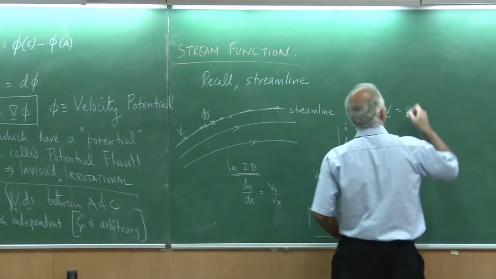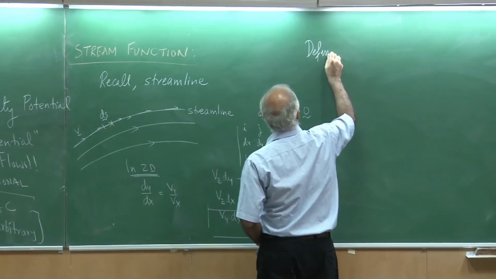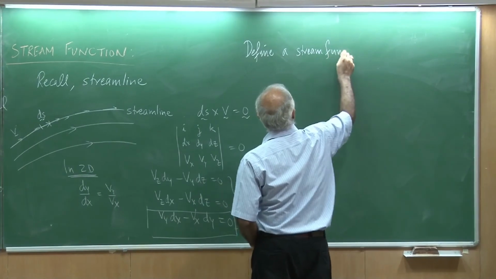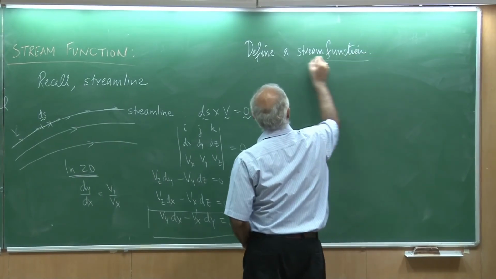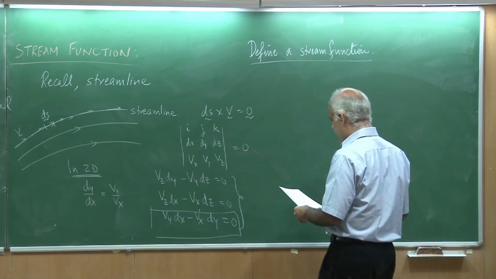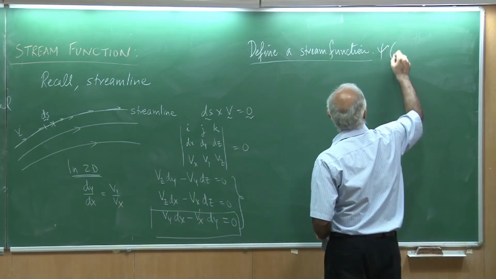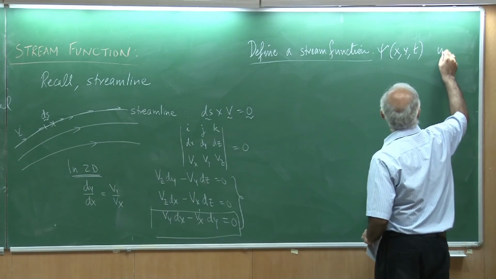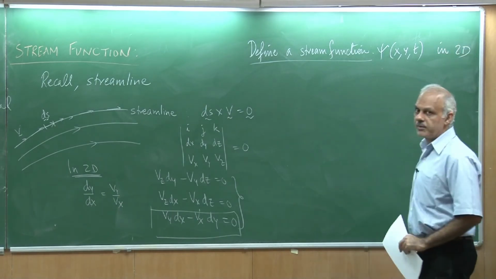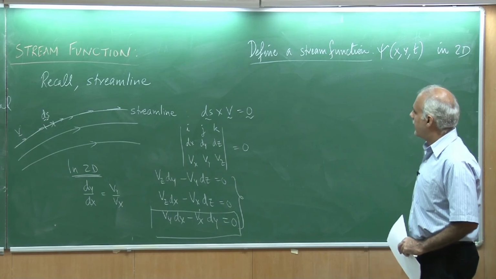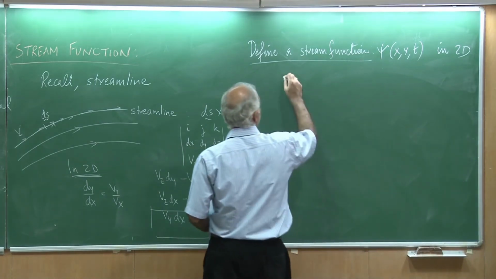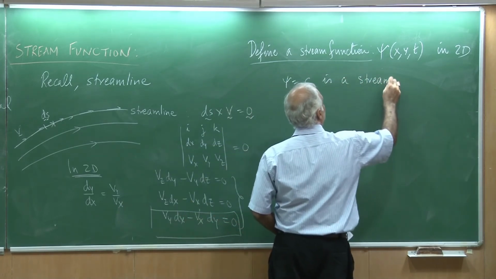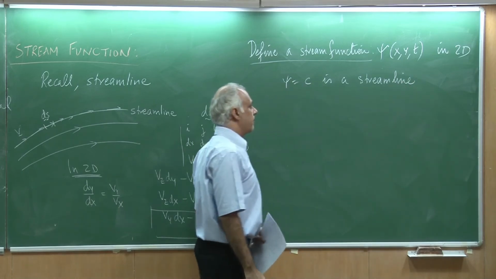We can actually define a stream function, such that this stream function is psi, and it is a function of x, y, and t in 2 dimensions. And here I could say that psi equal to c is a streamline. Okay.